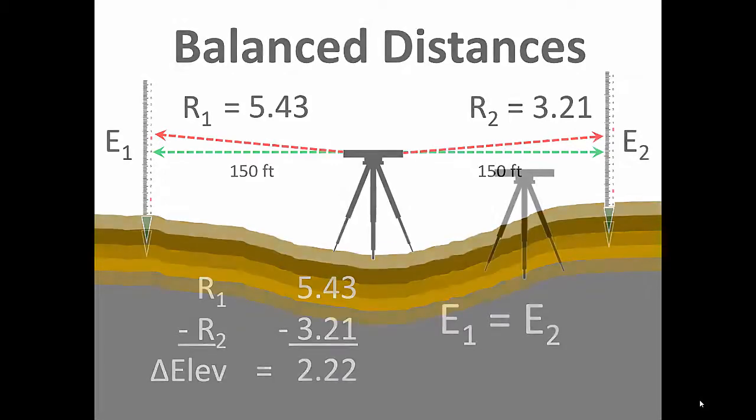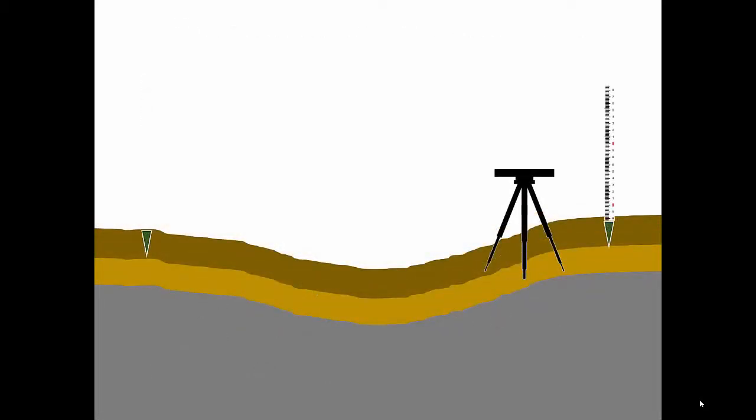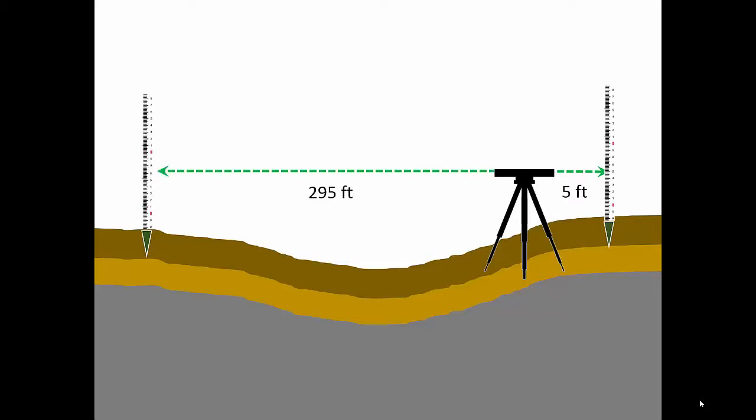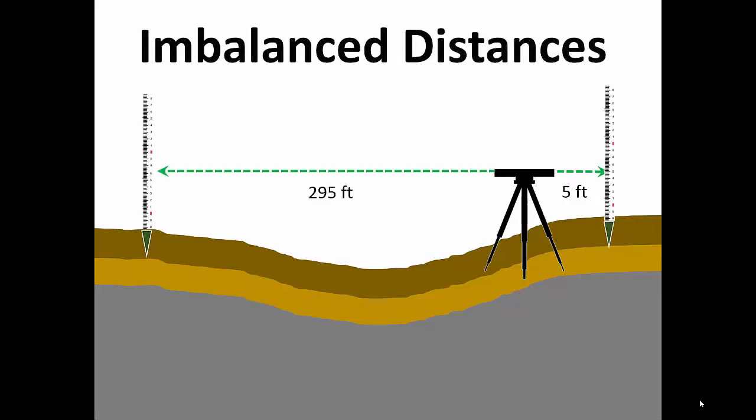Next, we'll move the instrument to within 5 feet of one of the rods, making our sight distances highly imbalanced. Here we'll take readings R3 and R4, and once again the slope in the line of sight is identical for both readings.